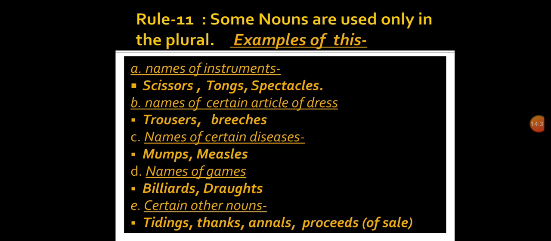They are trousers, breeches. Names of certain diseases like mumps and measles are also used in plural forms only. Names of games like billiards, draughts, are used in plural. Certain other nouns that are used in plural are tidings, thanks, annals, proceeds. Here the word proceeds relates to the sale.